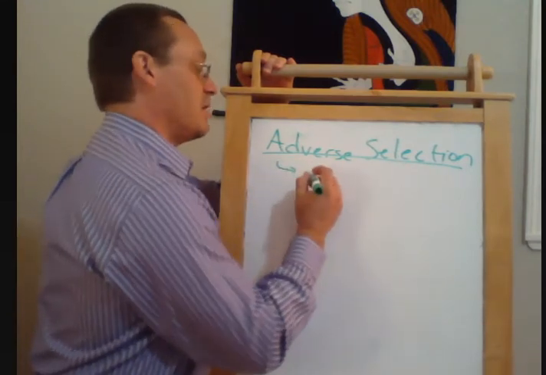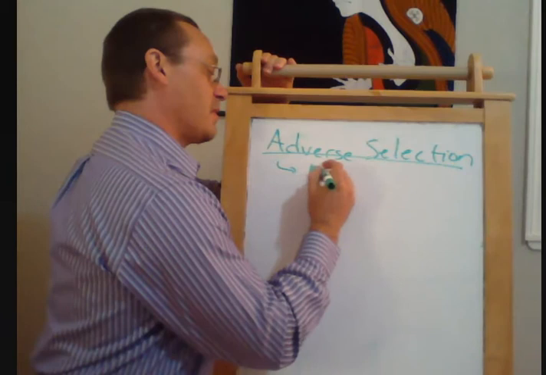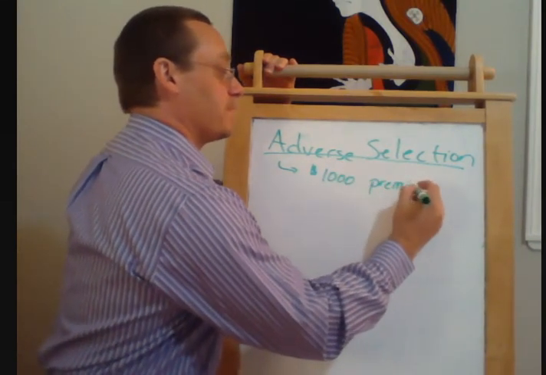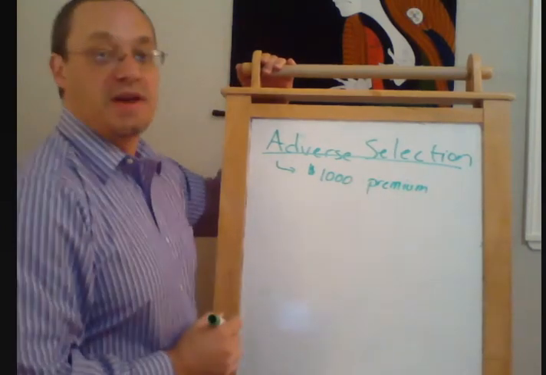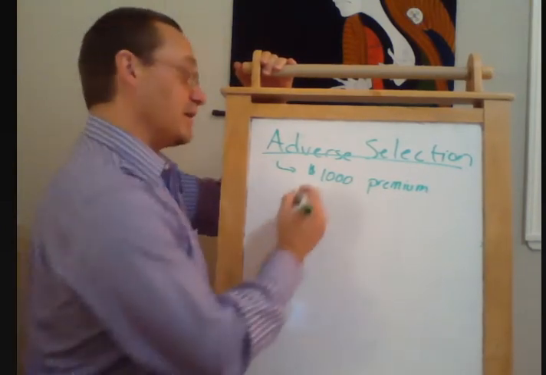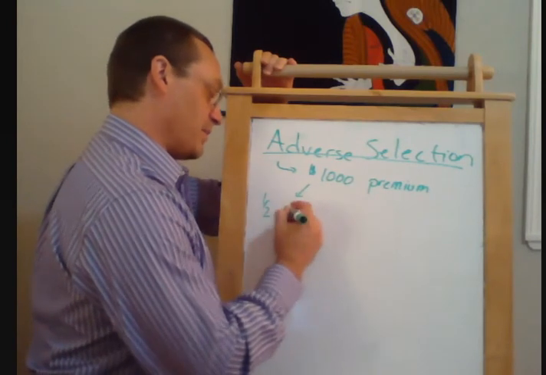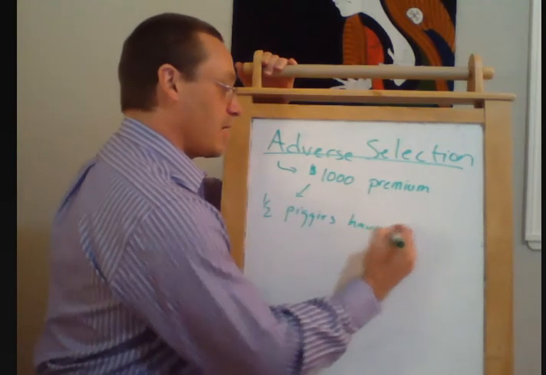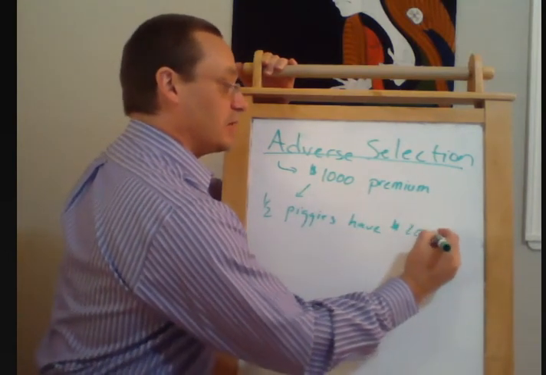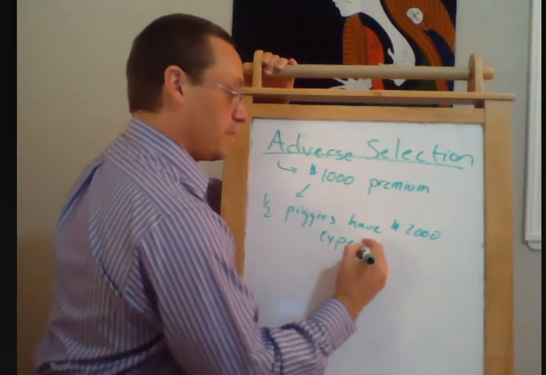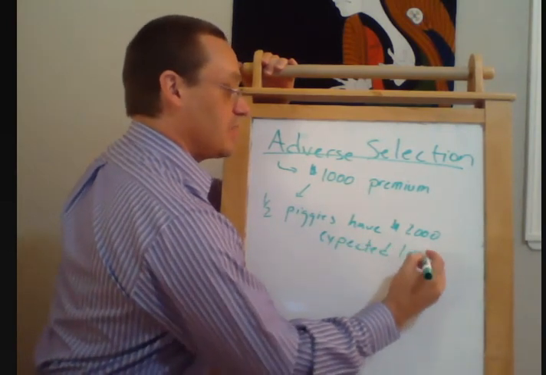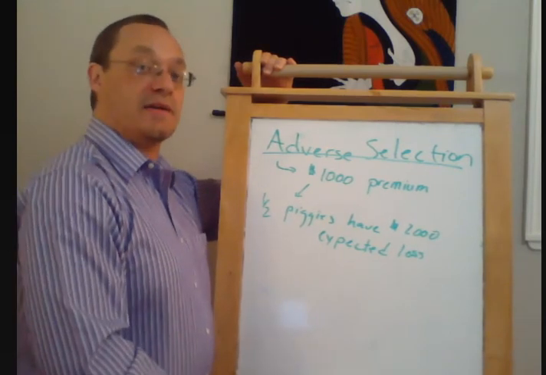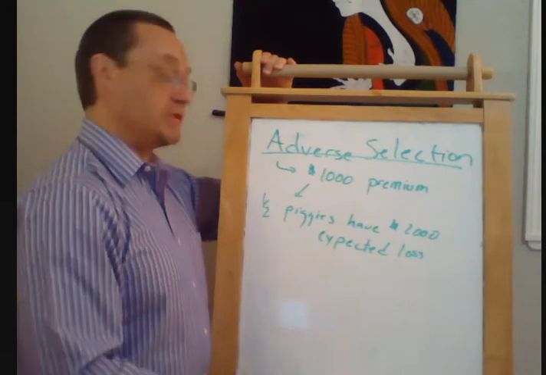So let's think about this insurance that has a $1,000 premium, but there's actually two different types of pigs out there. Half the piggies have a $2,000 expected loss, either because they have a high probability of a fire, or if they have a fire, there's a very high loss associated with it.